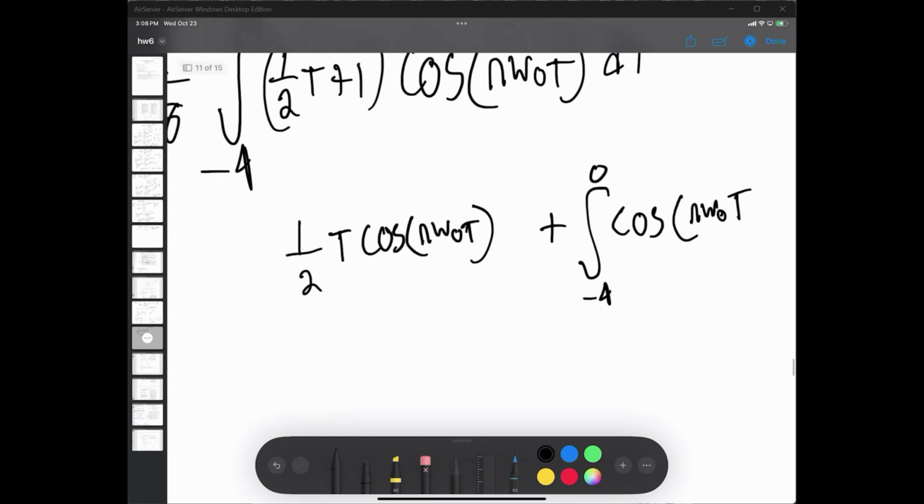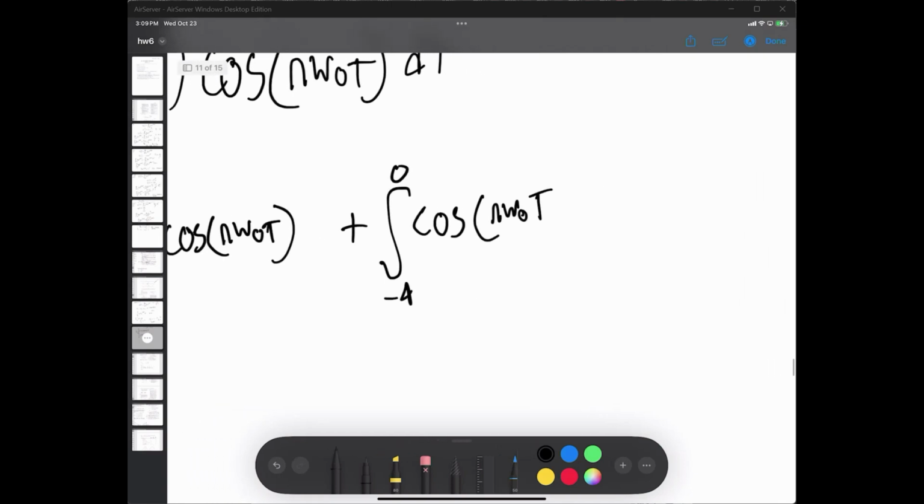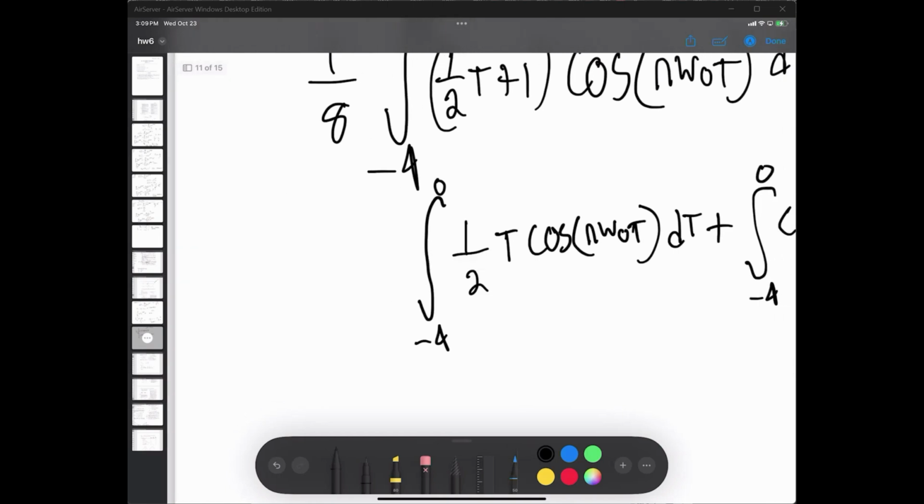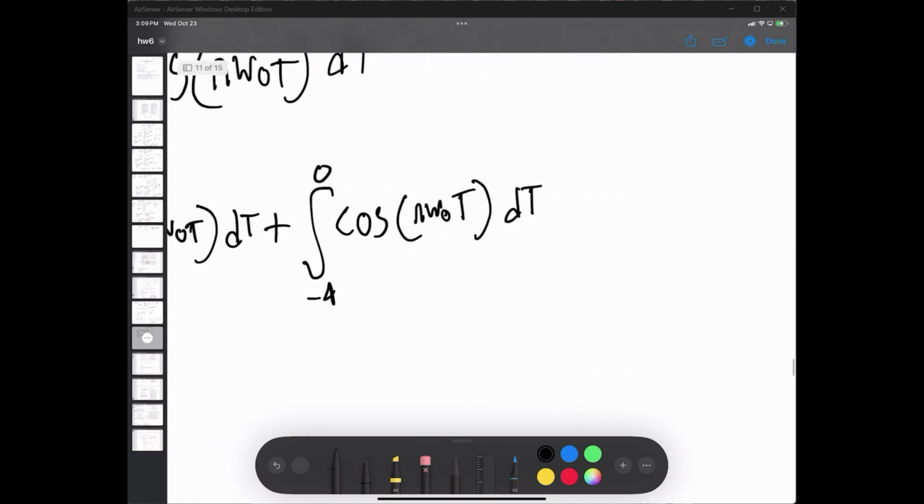And we could do that same trick where we multiply the final answer by 2, because the area on the left of the signal must be the same as on the right, since it's an even function. We'll pretend the 1/8 is out here. And we know that omega naught is going to be 2 pi over the period 8, which is pi over 4.